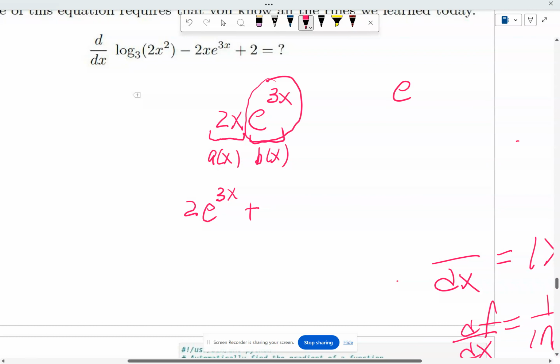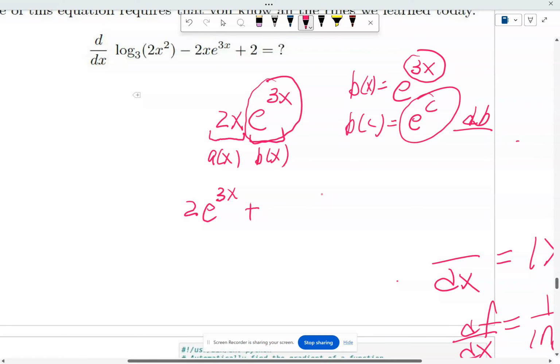So what is the derivative of e to the 3x? Well, b of x is equal to this. We can call the exponent part c, so b of c is equal to e to the c. Now the derivative of this is easy. db/dc is equal to e to the c.